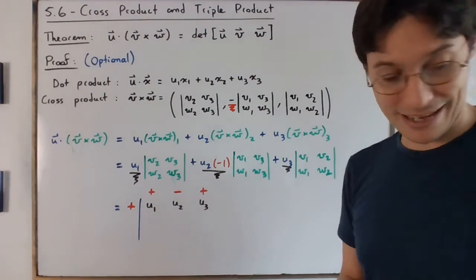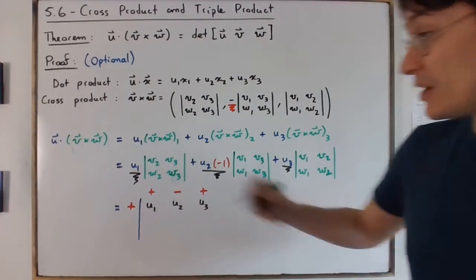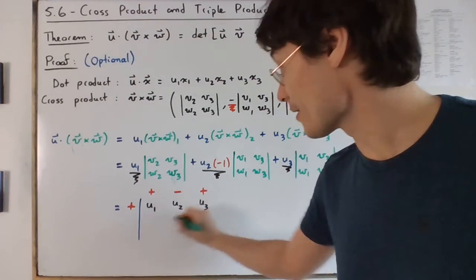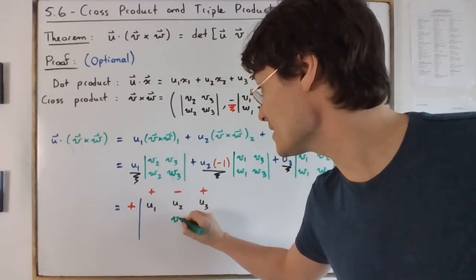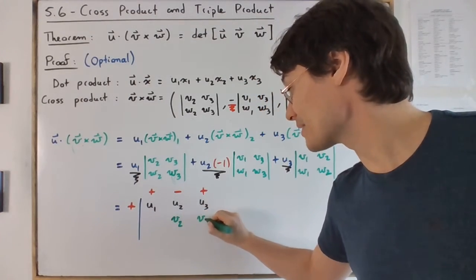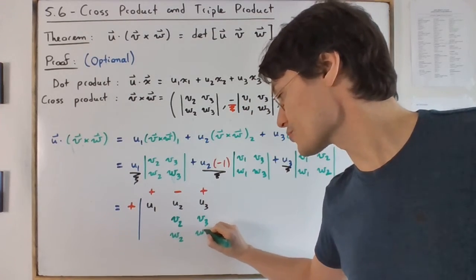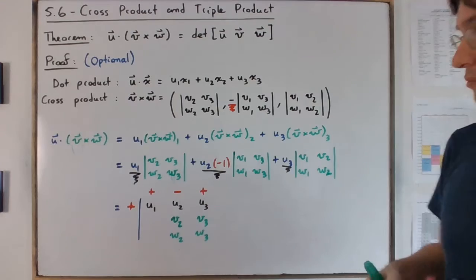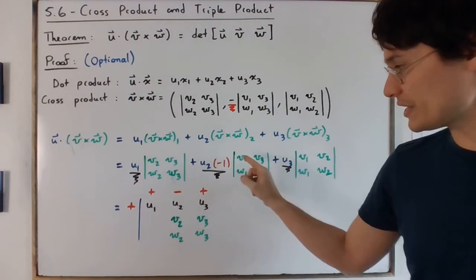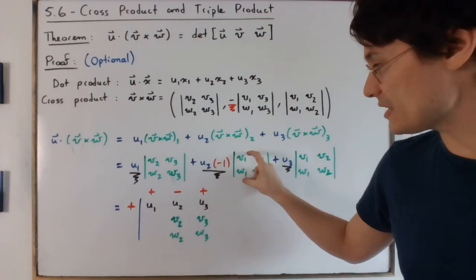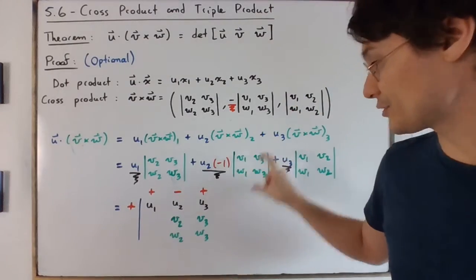Now it's going to be funny, but look, we're going to copy this down here, so that you can really see that's how we got the v2, v3, w2, w3. Now under the second, we just copy the first column here and the third column.